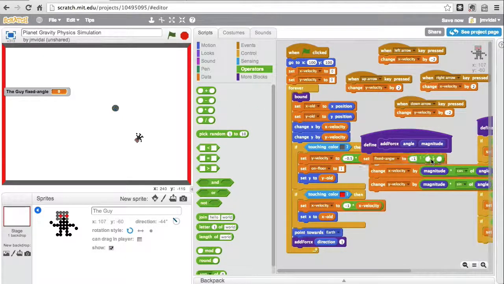If you look at the picture, multiply the angle by -1, and I did that wrong. You've got to be careful how you do that. I'm going to multiply the angle by -1, and then to that I'm going to add 90 degrees.